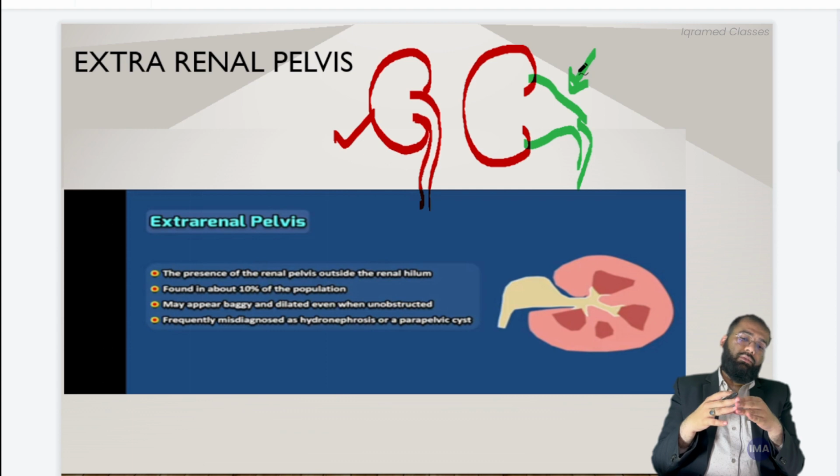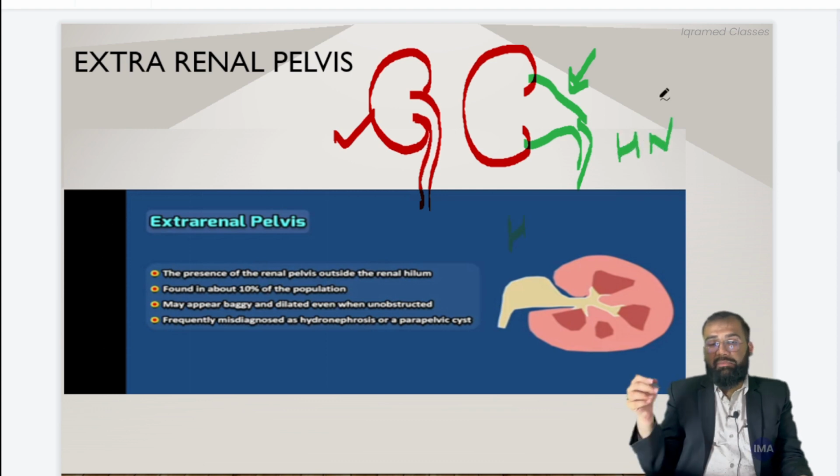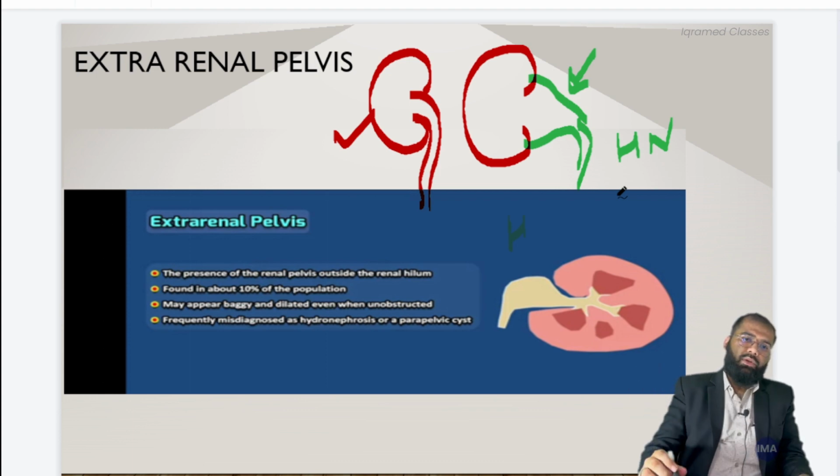Now why is this important? Because if there is extrarenal pelvis, it can be confused with hydronephrosis. You might say that the patient has hydronephrosis, but actually the patient doesn't. So how do you understand whether the patient really has hydronephrosis or not? You have to look if there is hydroureter or not.